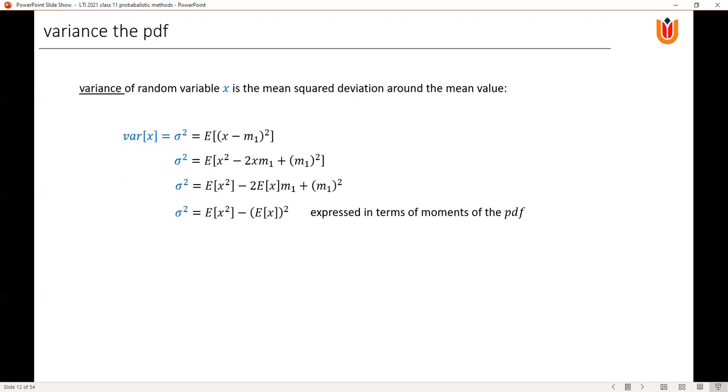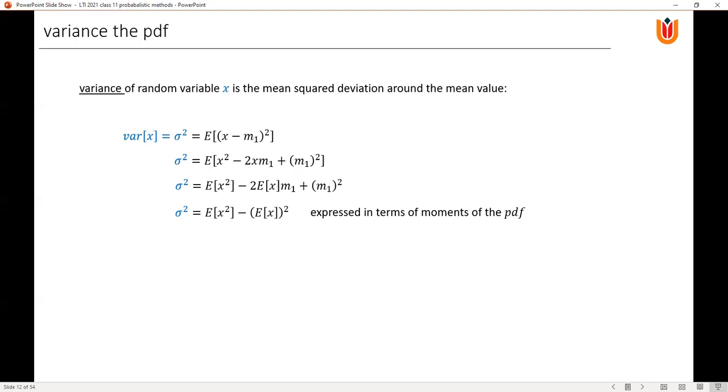I have a random variable that oscillates around 0. So given the last expression, what would be the variance of that?